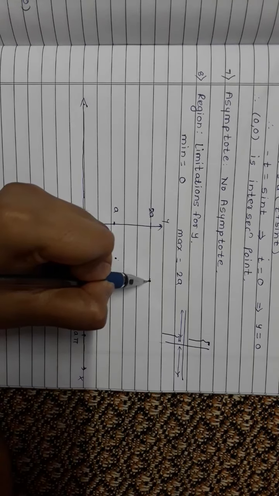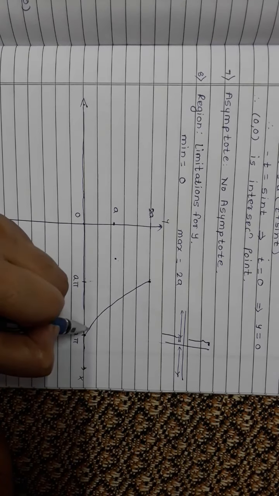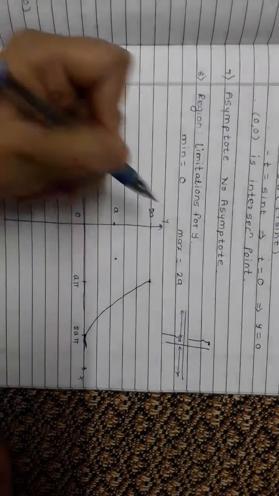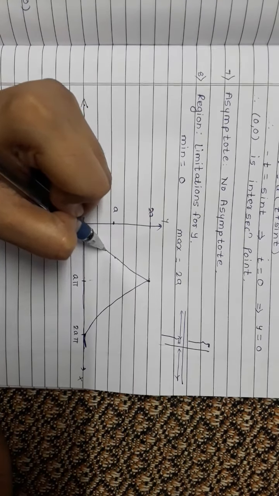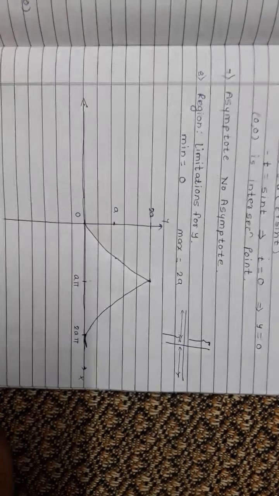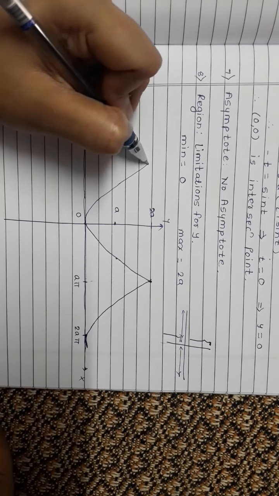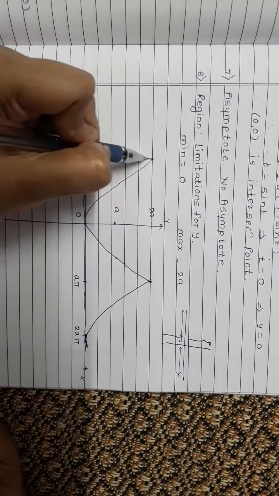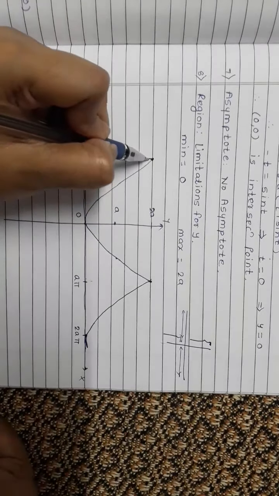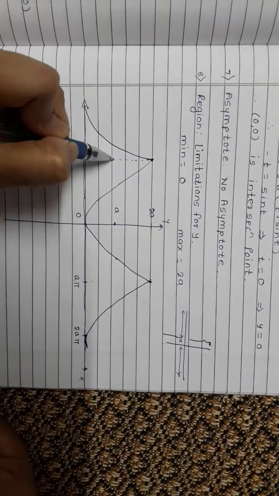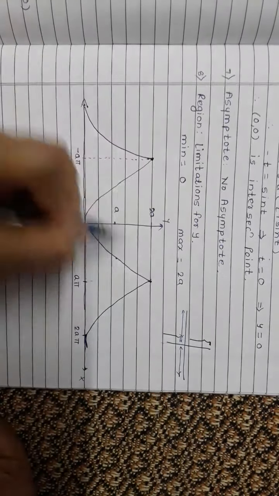It should be like a circle rolling, so that means it should be a half circle rolling like this, right? And a similar part will appear here also, like this. This point is going to be minus a pi.